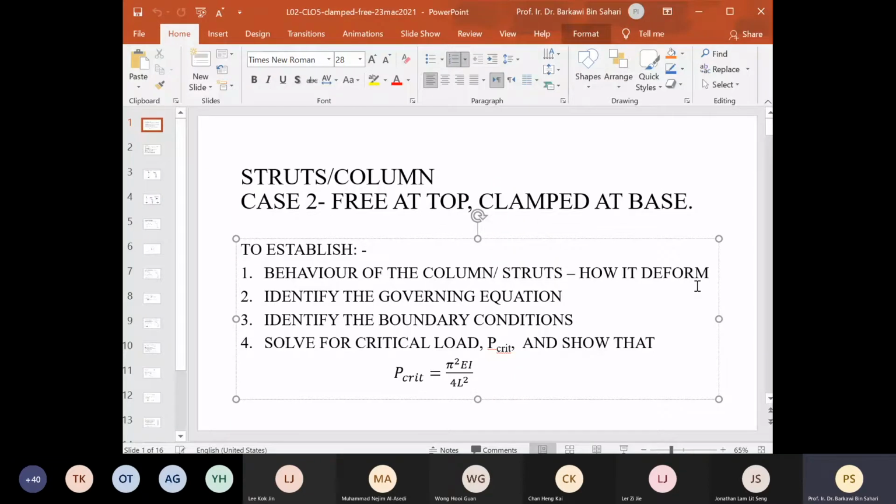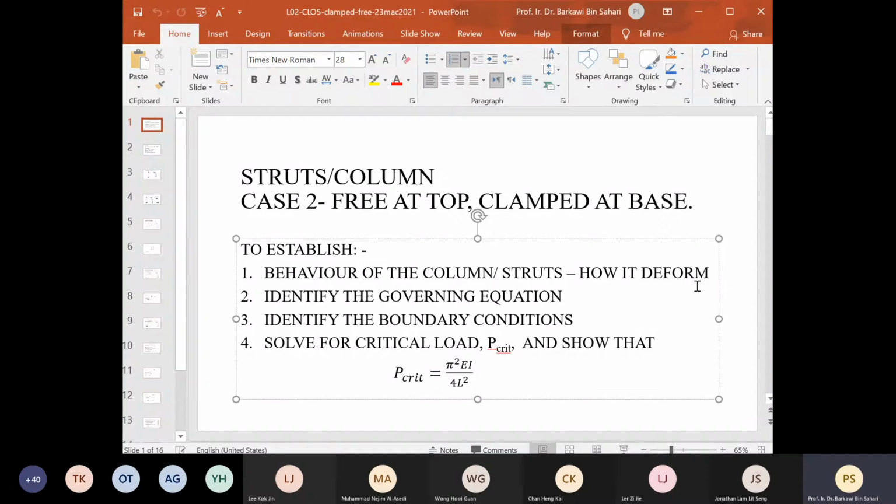The rest is the same: the pin support allows rotation, so there is no internal bending moment at the support. It doesn't allow any translation in X and Y at both supports.